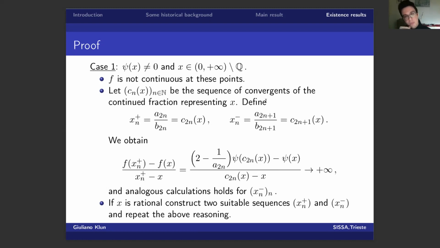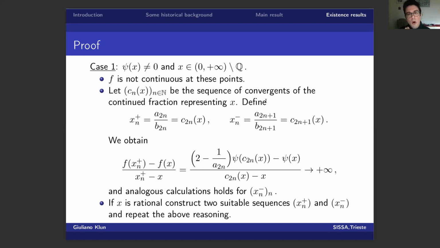Namely, the even convergents, truncating the continued fraction after an even number of steps, are approximations by excess, and the odd convergents are approximations by defect.